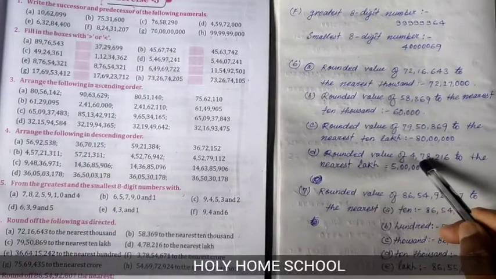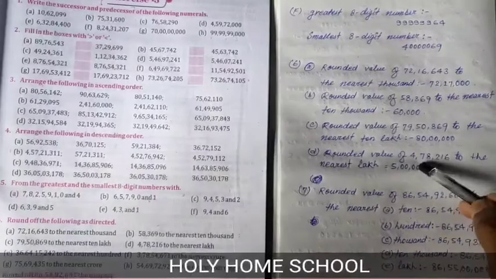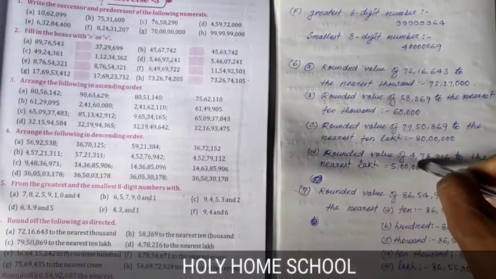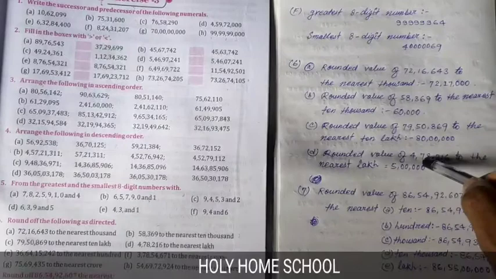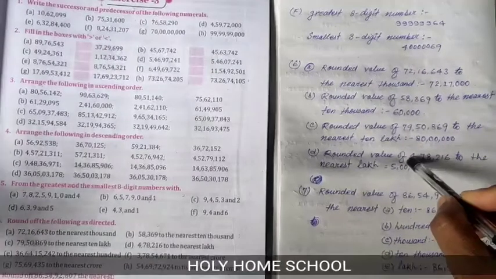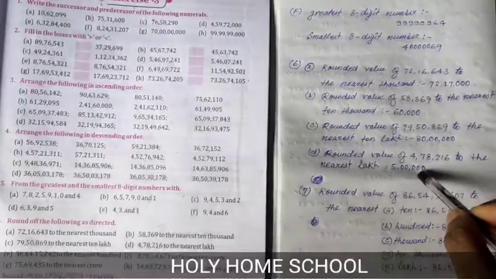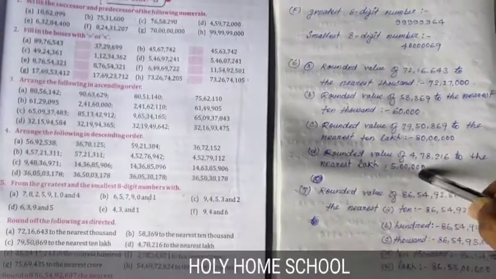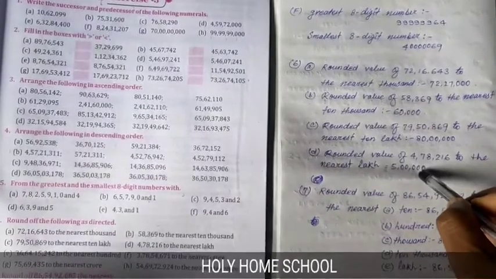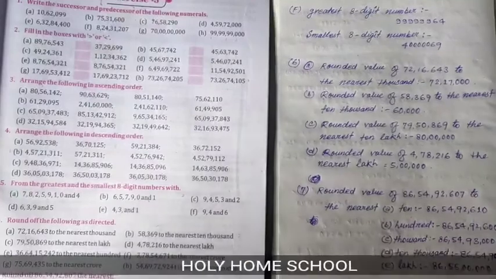At the 10,000th place the digit comes which is 7, greater than 5, so 4 is increased by 1 and here it will be 5 lakh. And in such a way you may solve all the given questions.